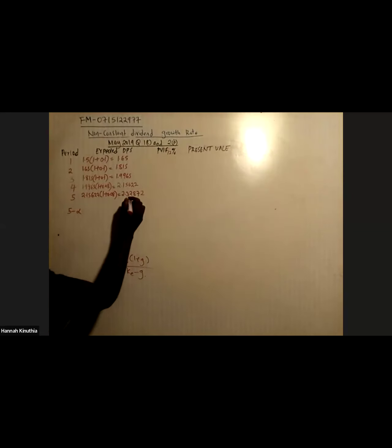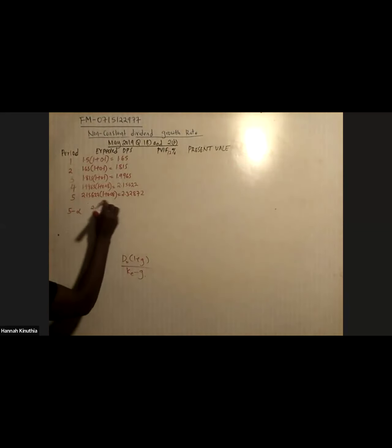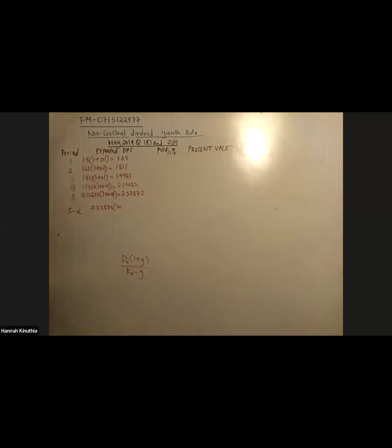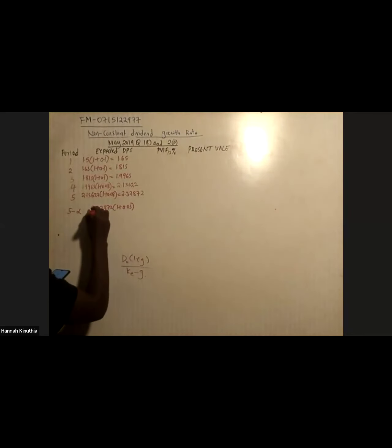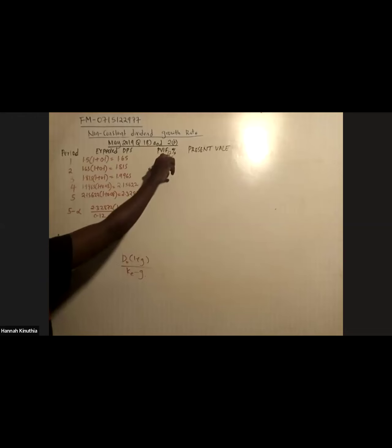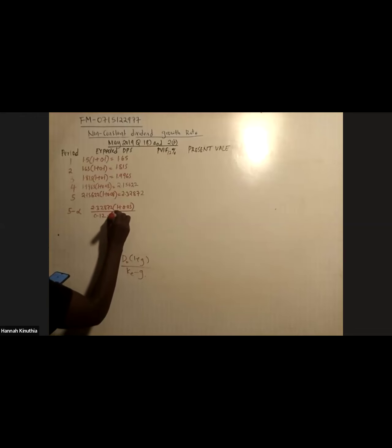So we take the latest one here, 2.32872, times (1 plus g). What's our g? Our g they have told us is 0.05. 0.05 over 0.12, that's the 12% minus 0.05.